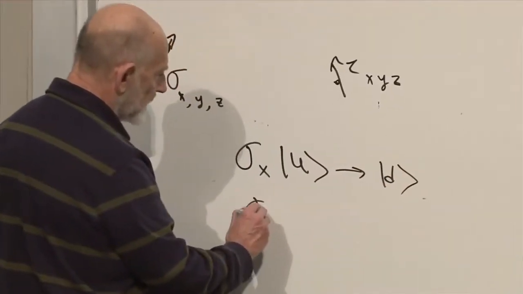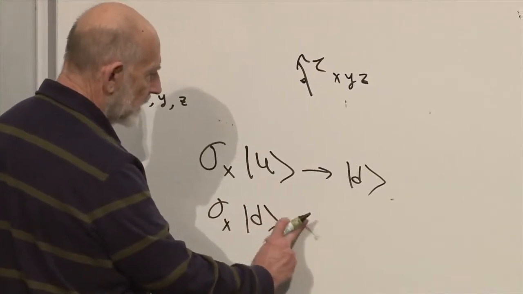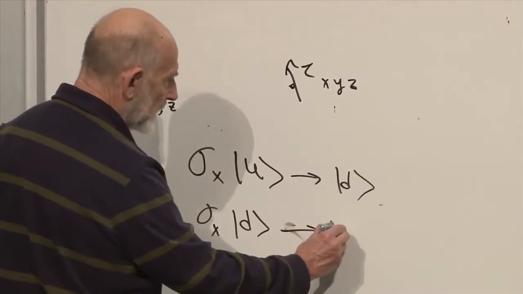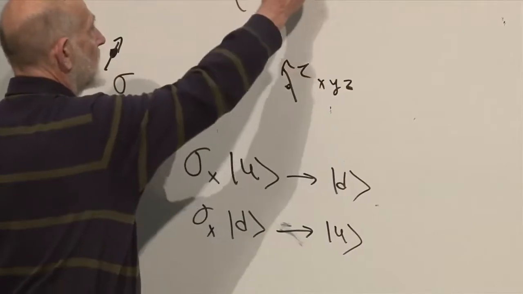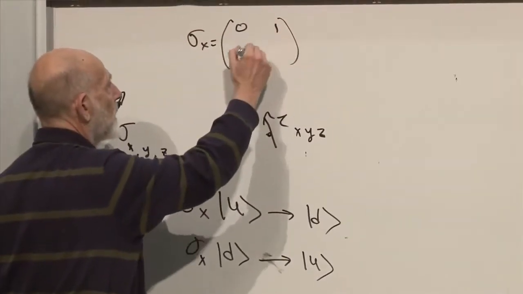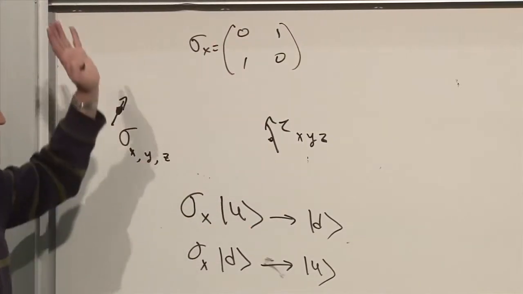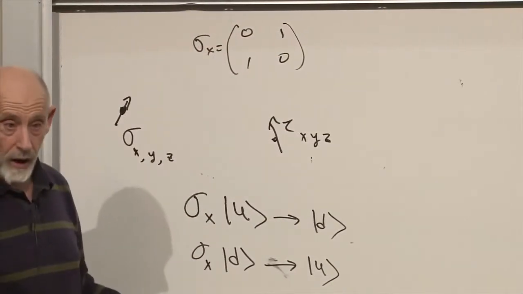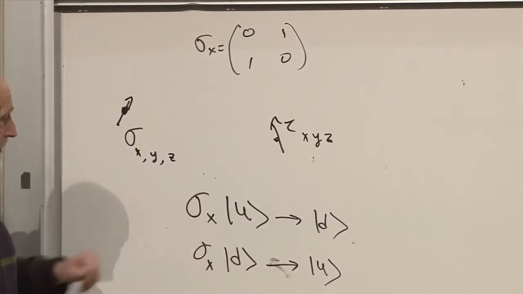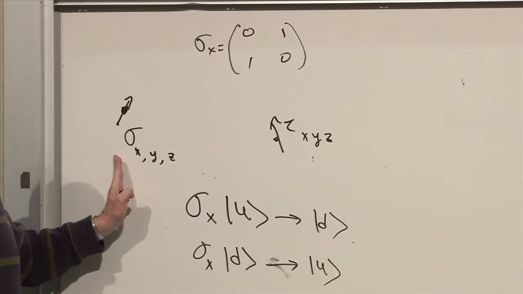If it applies to down, it gives up. You can check that. That's the fact that sigma x is equal to 0, 1, 1, 0. This off-diagonal character means it takes up to down and down to up. Right? This is what sigma x does ordinarily if we only had one subsystem.